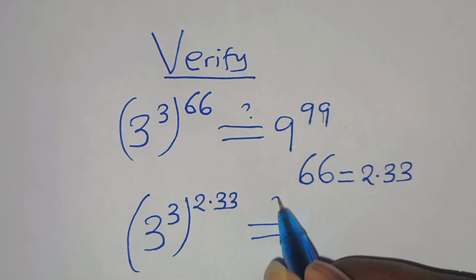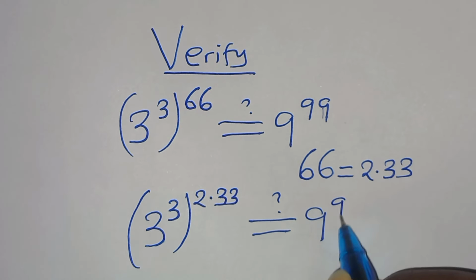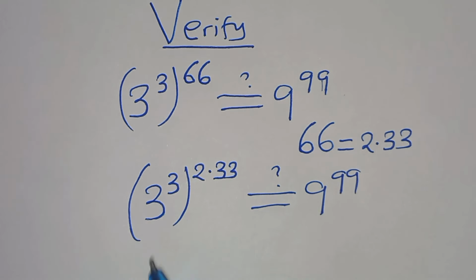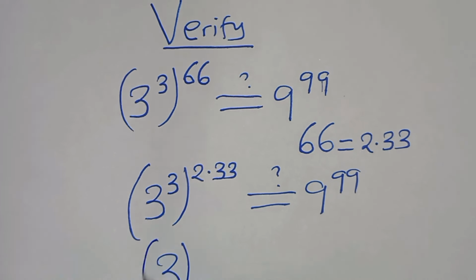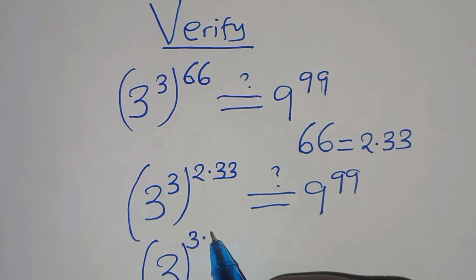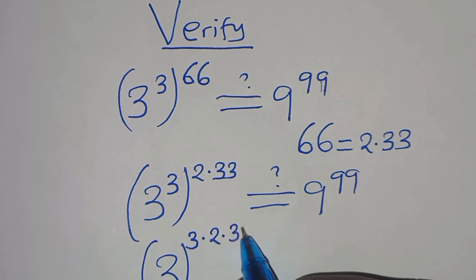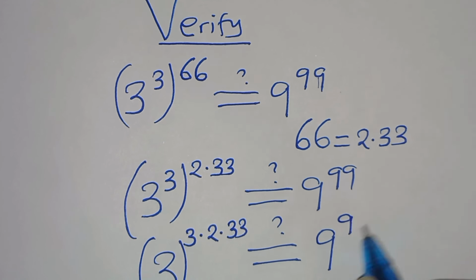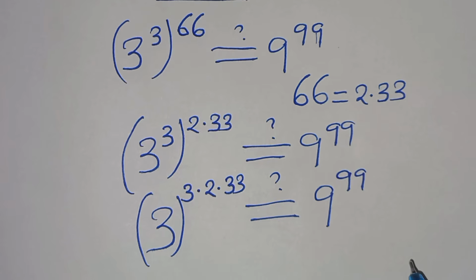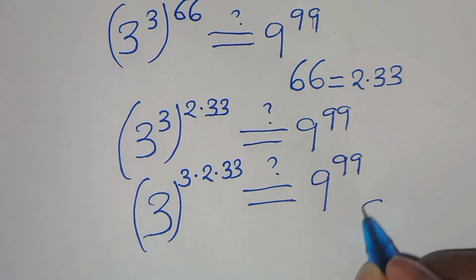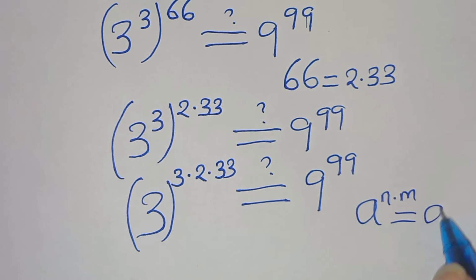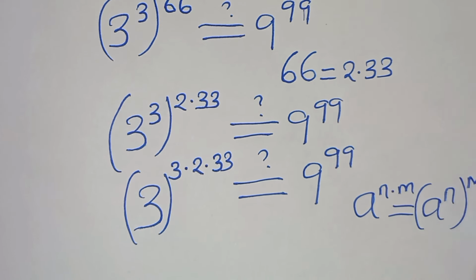And this is supposed to give us a value of 9 to the power of 99. So now we can express this as 3 to the power of, now this is the same thing as 3 multiplied by 2 multiplied by 33. Now this is in the form of a to the power of n multiplied by m, which we can express as a to the power of n raised to the power of m.